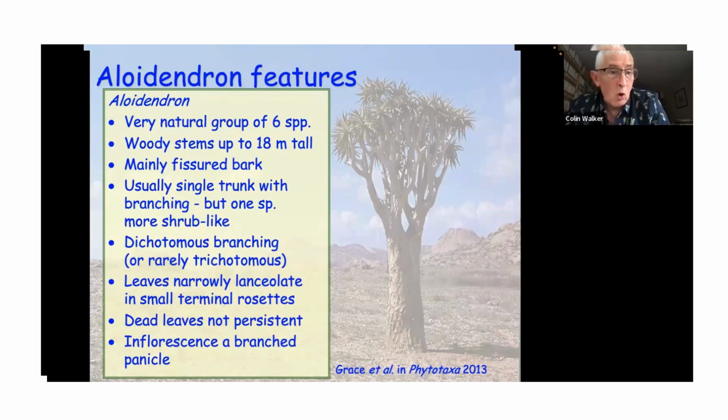So this was Aloe section Aloidendron, and Ronell and Gideon in 2013 elevated section Aloidendron to become genus Aloidendron, and Aloidendron just means tree aloes, hence the name of this talk. So these are the key features of tree aloes. It is a very natural group of 6 species, soon to become 7.